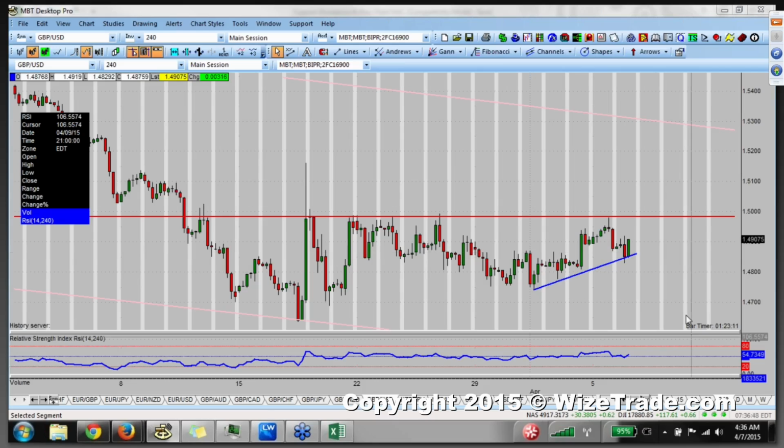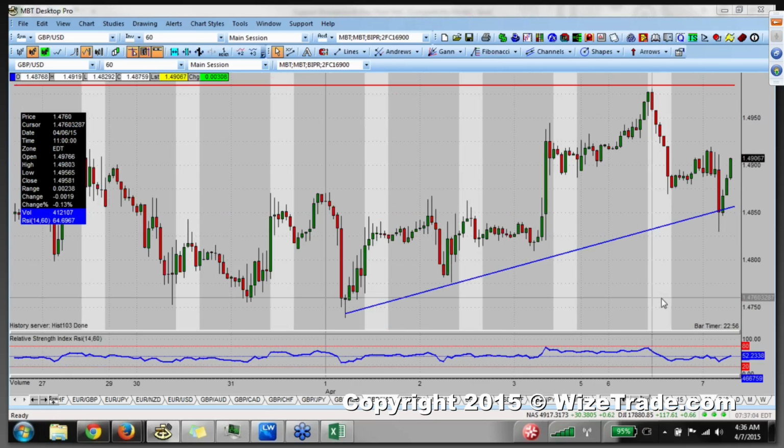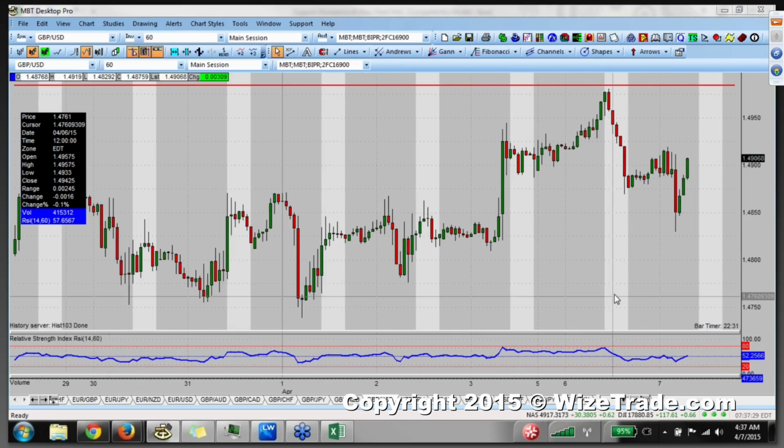Remember, we had a services PMI beat out of the UK earlier today, so that probably is one of the reasons why we're getting a bounce in the cable.